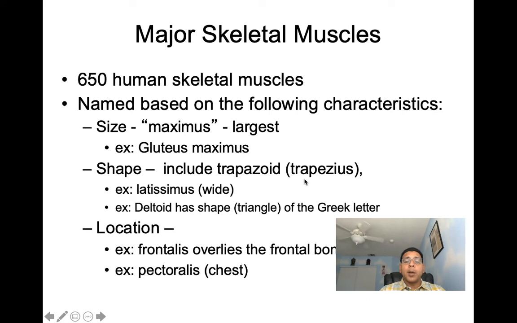And here we can see some of those muscles are named according to their shape, such as trapezius, latissimus, and deltoid. We can also name muscles according to the location of where they're found in the body. So here we have frontalis lying on top of the frontal bone, occipitalis over the occipital bone, pectoralis over the chest.